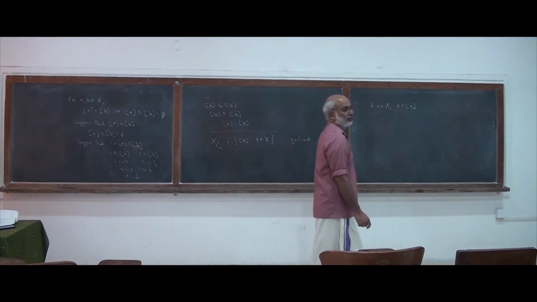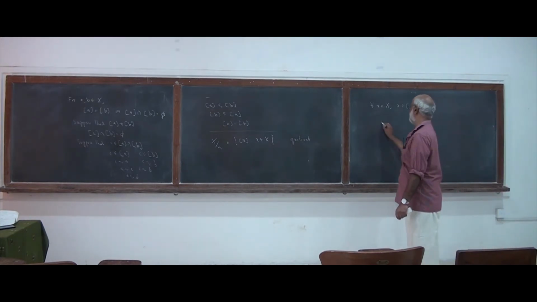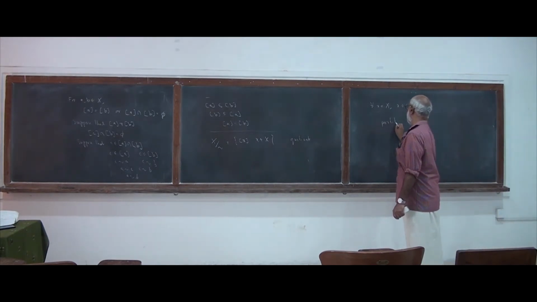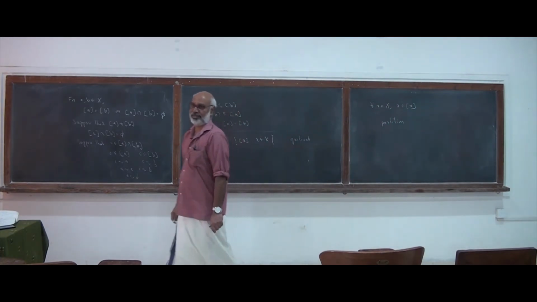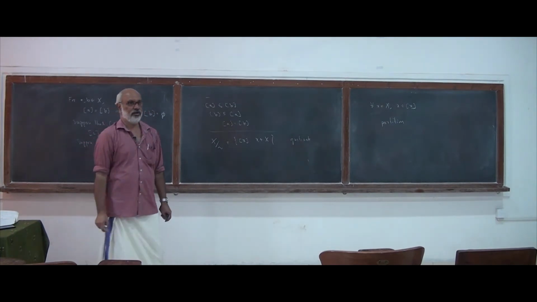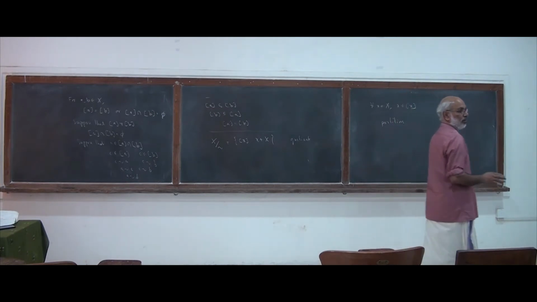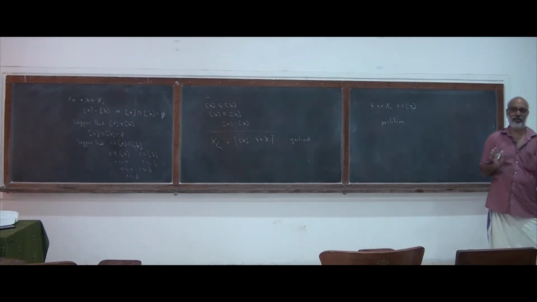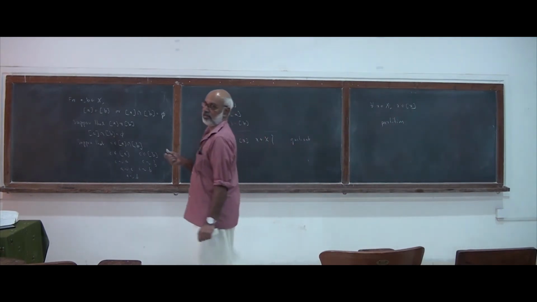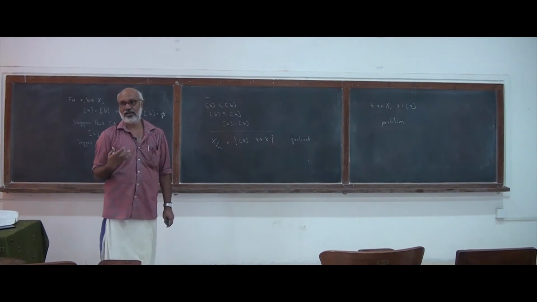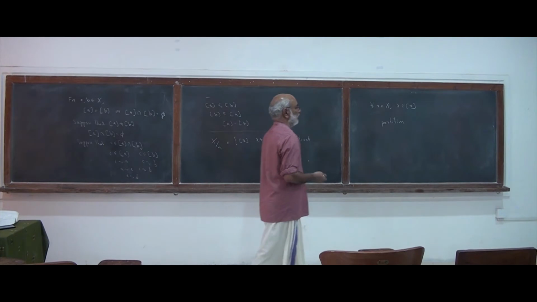Such a collection of subsets of a set is called a partition. So a partition is a collection of subsets of a set with these two properties: that every element of the master set is in one of these sets, and any two sets are either equal or disjoint.